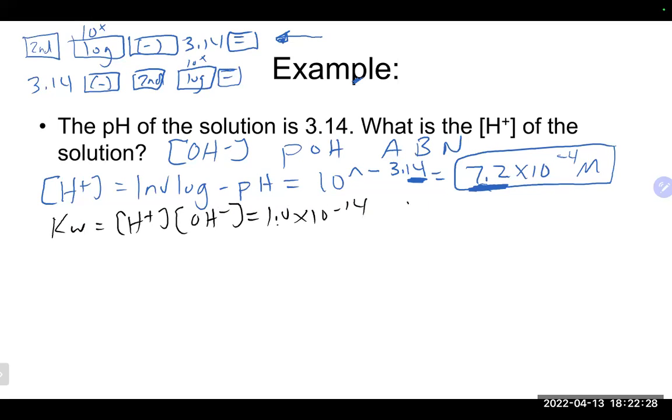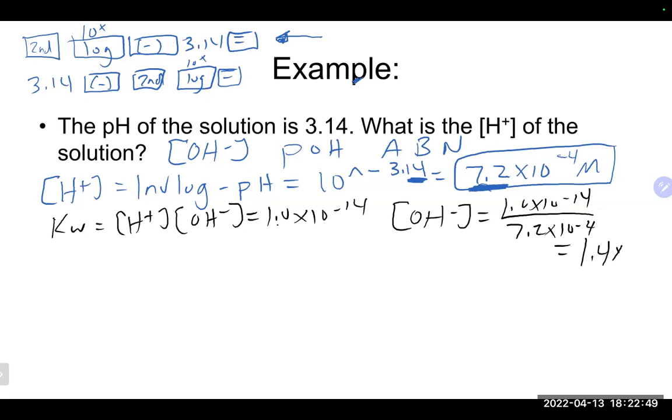So if we did it this way, the OH minus would be 1 times 10 to the minus 14 divided by 7.2 times 10 to the minus 4, and that would get us 1.4 times 10 to the minus 11 in this case. So you again could use that. You also could use the pOH once you get to there as well.